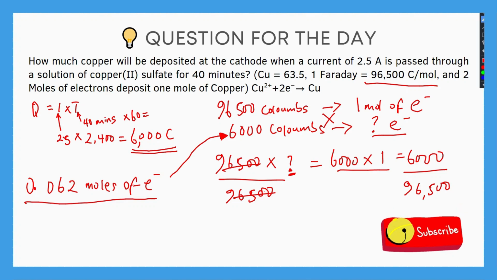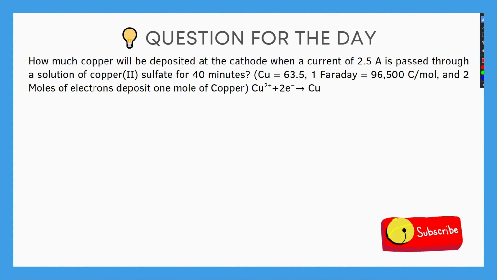Now we are not done, but we have calculated our number of moles of electrons to be 0.062. The next thing to do is to use that information to calculate the number of moles of copper that it produces. How do we do that? Simply, look at this equation over here. This equation shows us that 2 moles of electrons deposit 1 mole of copper.